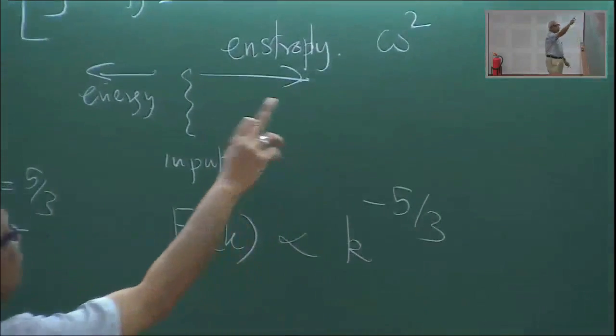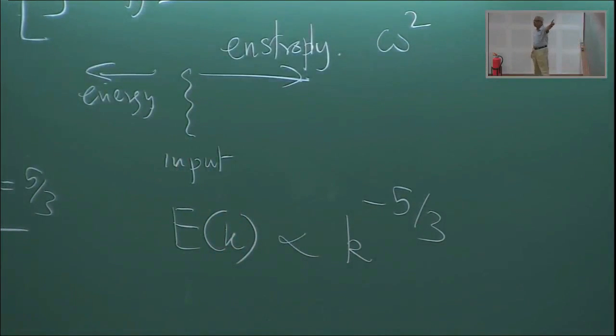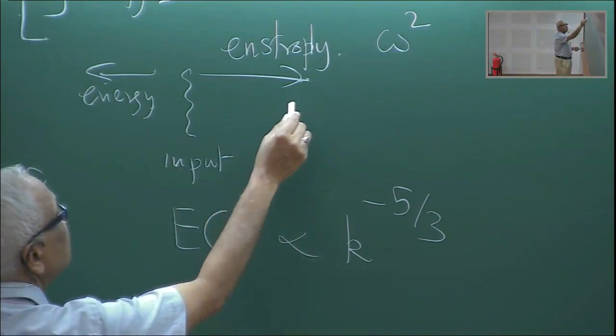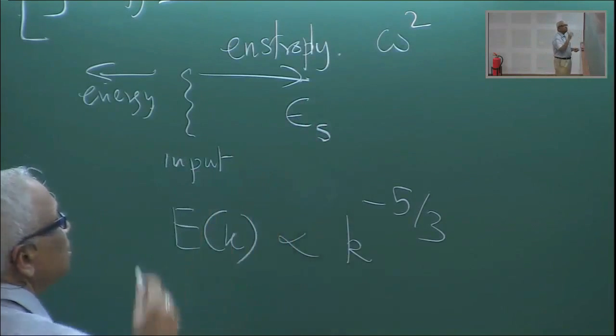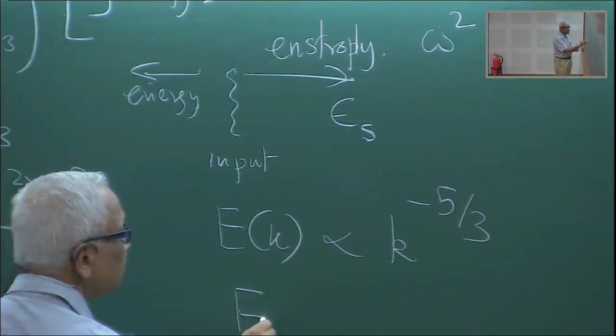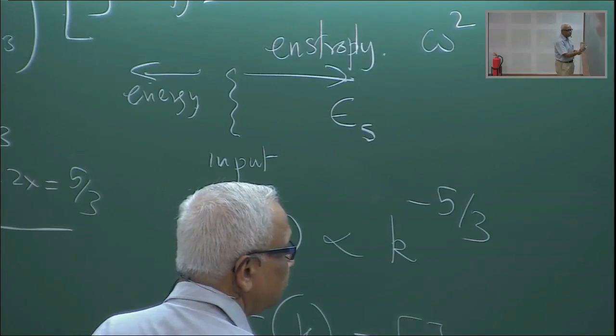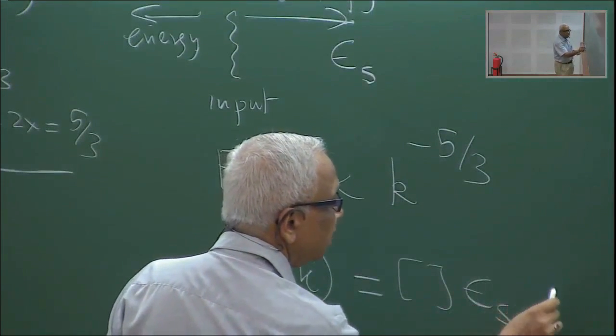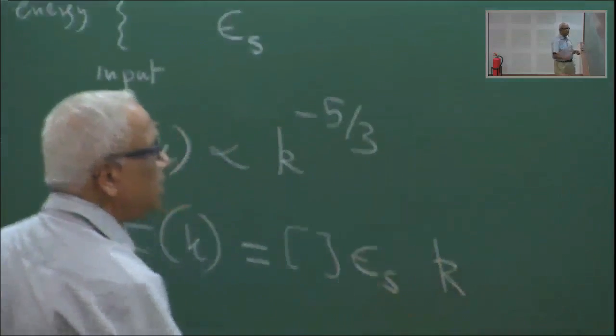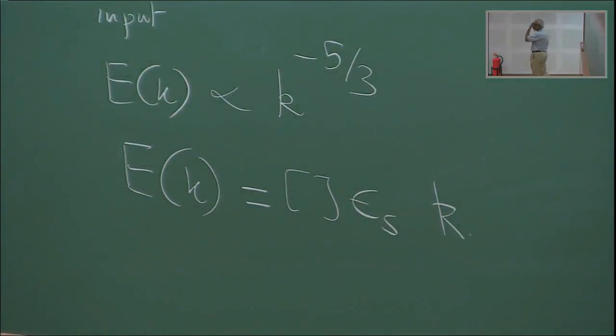The different one would be the energy spectrum in the forward direction, where it is determined by the entropy flux, epsilon_s. And that was the other thing that you were supposed to find out. So it is some number times epsilon_s to the power something and k to the power something. Anyone who has an answer to that?